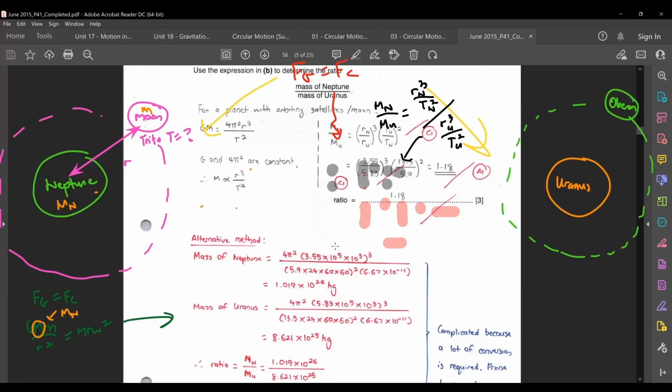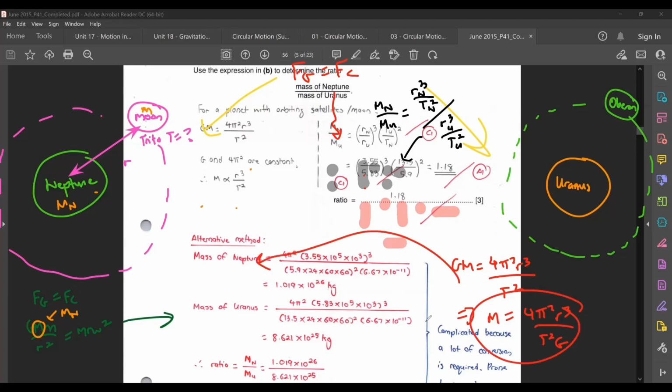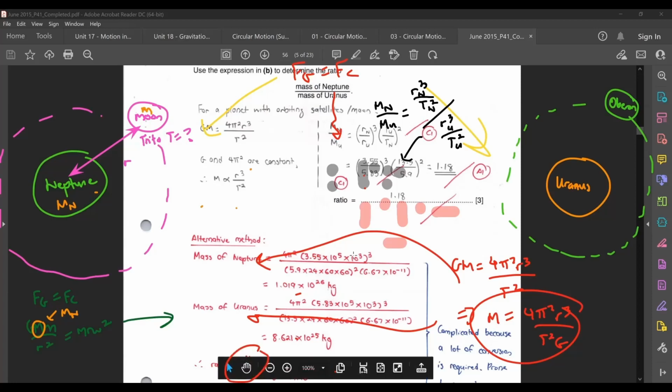Just now you had GM equals 4 pi squared r cubed over T squared, right? M can be 4 pi squared r cubed over T squared G. So you apply this individually for Neptune and Uranus, and you should be able to get the exact individual masses. And then after that, you have to do the ratio again. So this is actually a bit more tedious. This one is not something that is recommended.